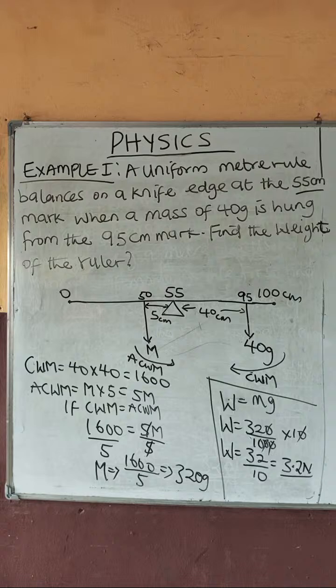How do you find it? You place it at the rightful position of the center of the meter rule, and that is why I place 50 there, because the center of a meter rule, which ranges from 0 to 100, is 50. But the knife edge was placed at 55 centimeters. Now, how do we calculate it? We place the mass of the ruler at the rightful center of the ruler, which is 50 centimeters. And that is why we have 50 there.